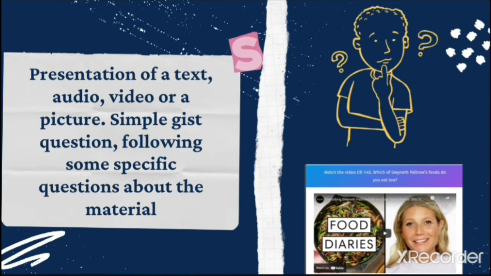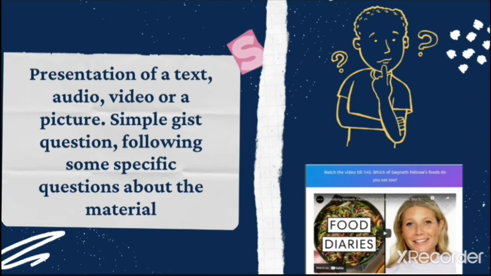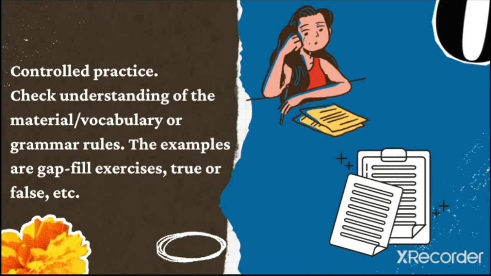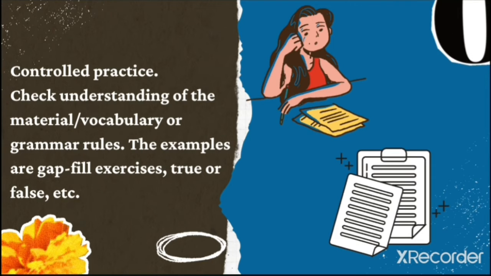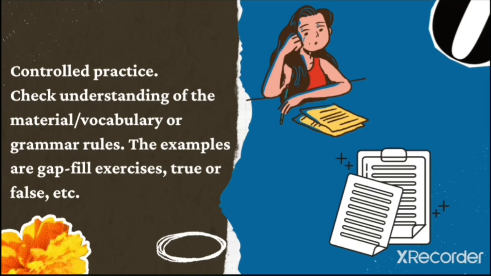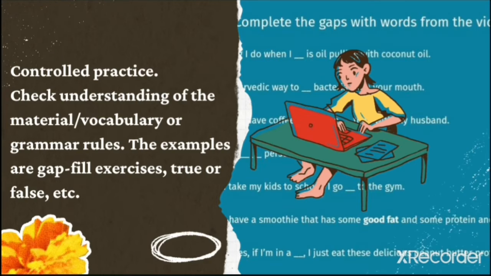After that, the next step is controlled practice. You check the understanding of this material, audio, video, text, more deeply with some specific questions, or they have to find some vocabulary. So it's up to you.